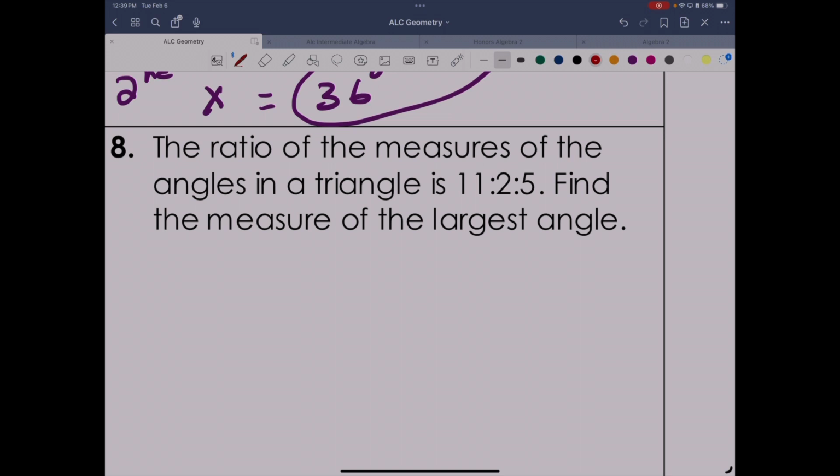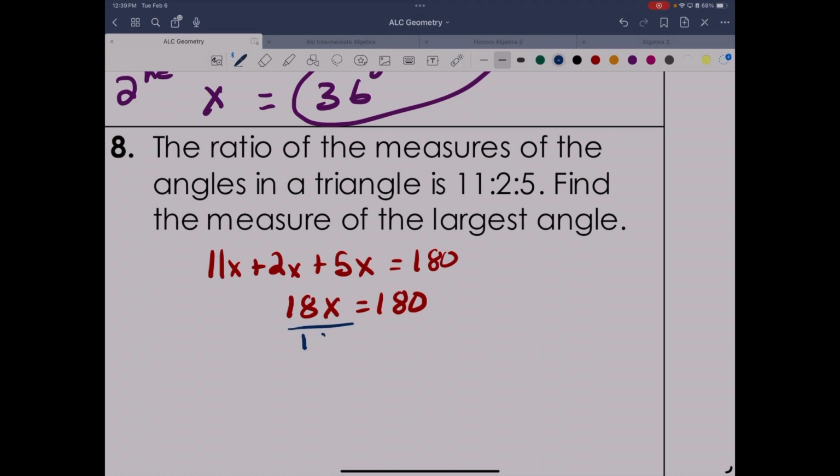All right, let's take a look at it quick. The ratio of the measures of the angles is 11 to 2 to 5. So we're going to go 11x plus 2x plus 5x is equal to 180. 11 plus 2 is 13, so 18. 18x equals 180.